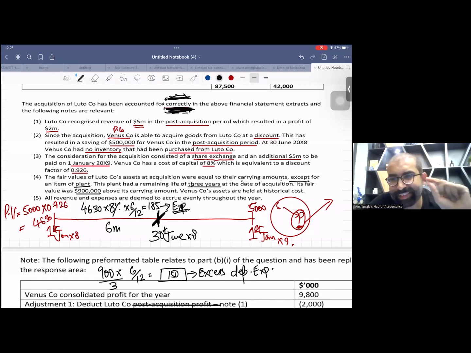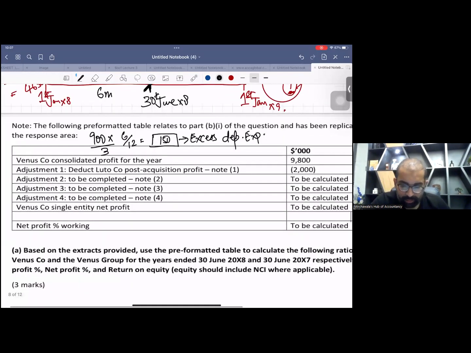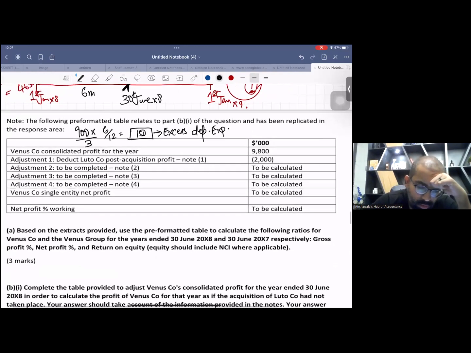Now, one very special thing examiner will do with us just for these 1, 2, 3, 4. See the next thing. The following pre-formatted table relates to part B1. It is related to a requirement.